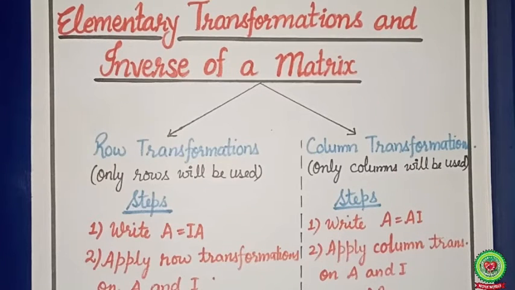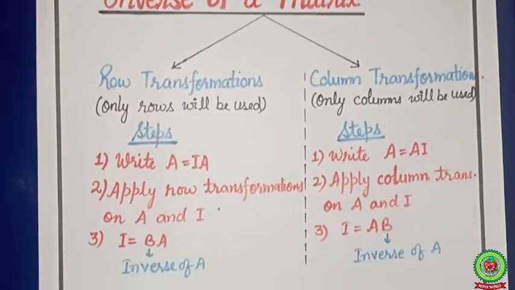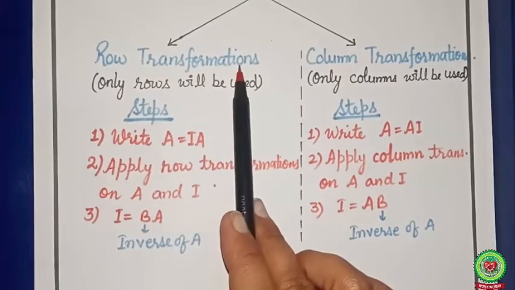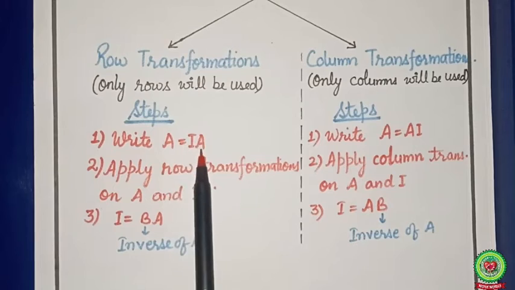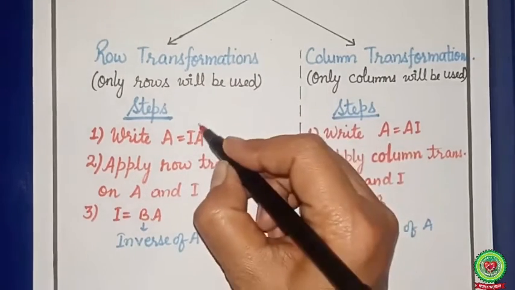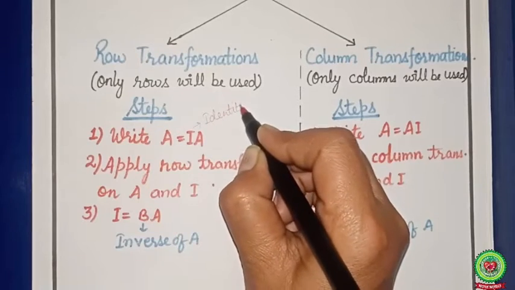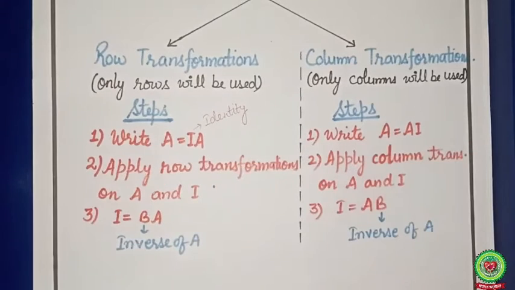There are some steps that you have to follow to find the inverse using the transformation. First of all, in case of row transformation, we will write the given matrix A as IA, where I is the identity matrix. We have to select the value of I according to the order, either it is 2 by 2 or 3 by 3, according to the given question.